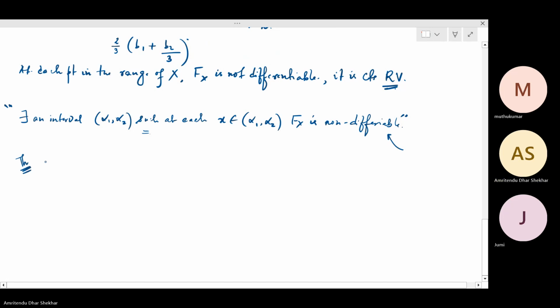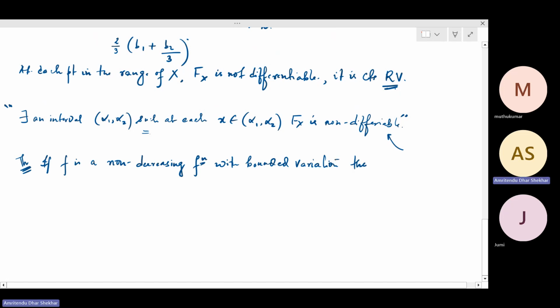If f is a non-decreasing function with bounded variation, then it is differentiable almost everywhere.